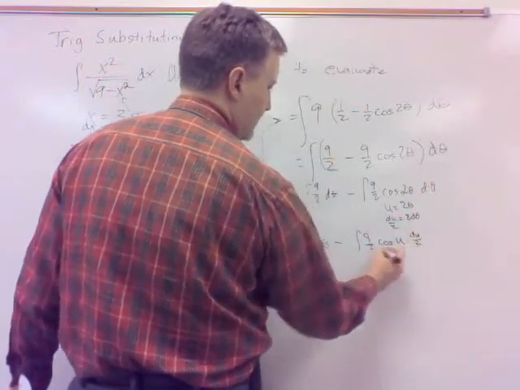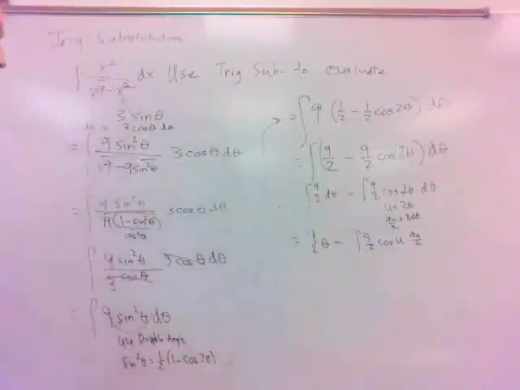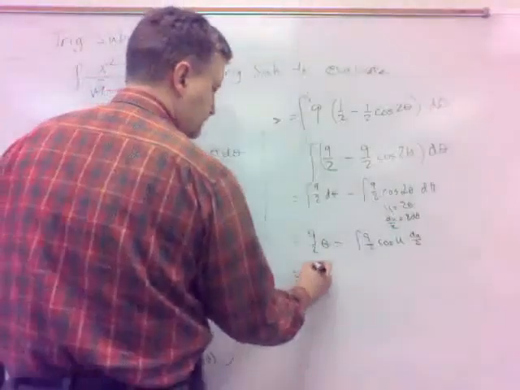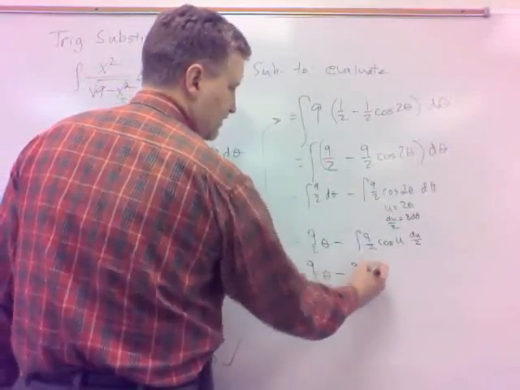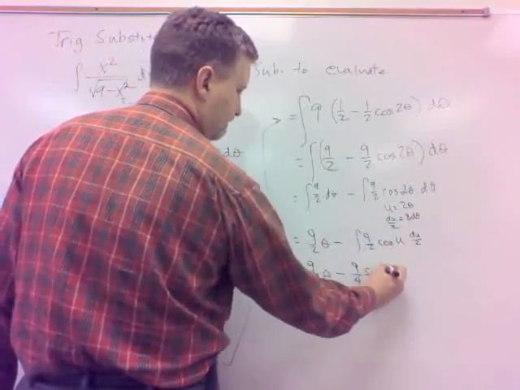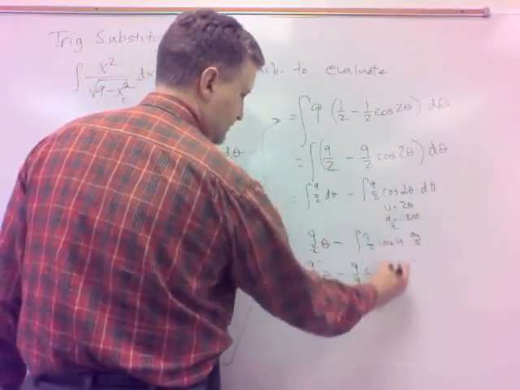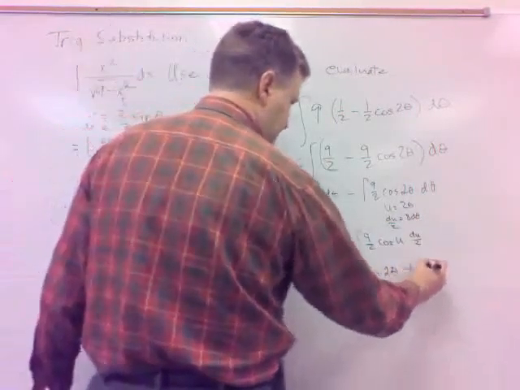Now it's just 9/4 the cosine u du, so we're in good shape. Antiderivative: 9/4, the antiderivative of cosine is sine. And u is 2 theta, so I'm going to go ahead and do that. With me? Plus c.